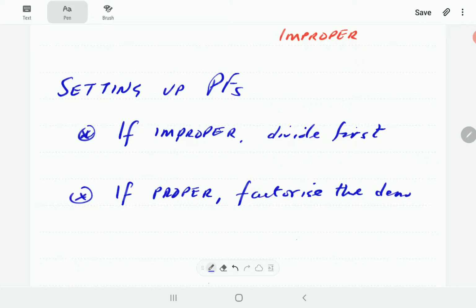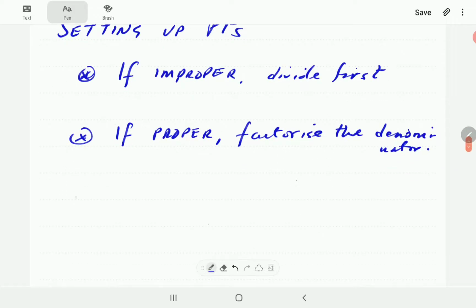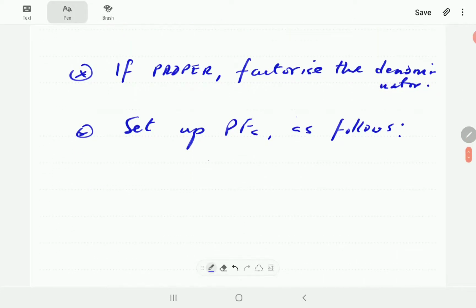So we're going to have to factorize the denominator. Then once the denominator is factorized, we set up partial fractions. And these are the principles. So there are going to be three cases here. The first case is if we have distinct linear factors.